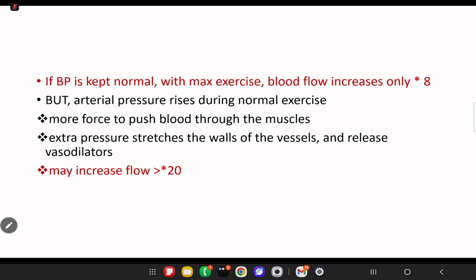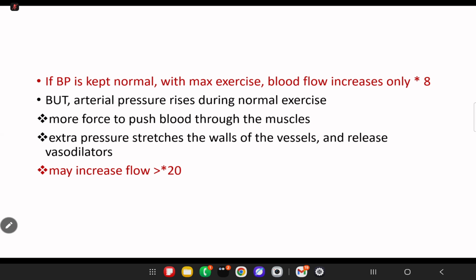Why do you need this increased pressure? Number one, to push a greater volume of blood through the vasculature, you need more pressure. And the extra pressure you generate will cause vasodilatation, which will cause the vessel walls to stretch and release more vasodilators.